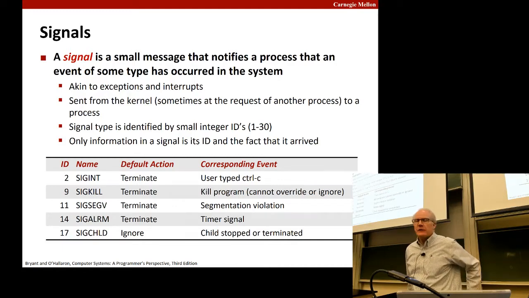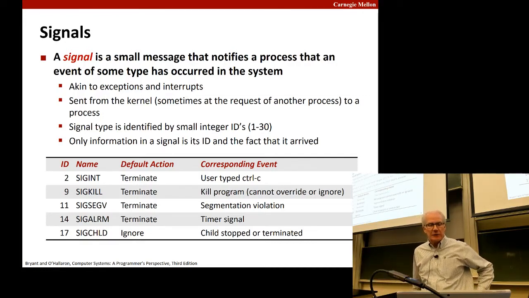Then there's another one called SIGKILL, which is when you saw me using the kill command on the command line. That's sending the SIGKILL signal, which is more powerful than an interrupt. You've also seen ones like segmentation violation, and illegal instructions. Those are all signals as well.